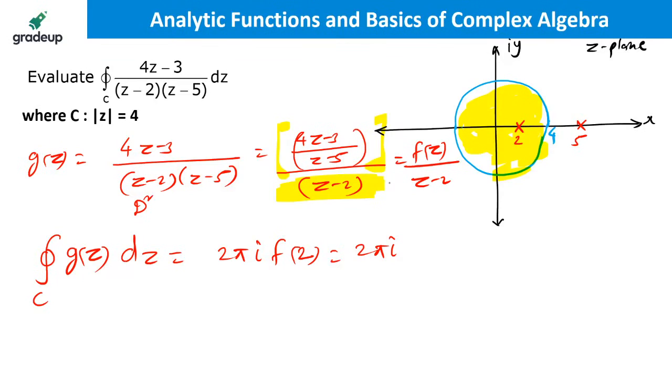So 4 2s are 8, 8 minus 3 is 5. Then 2 minus 5 is minus 3. So our answer should be minus 10 pi I by 3.